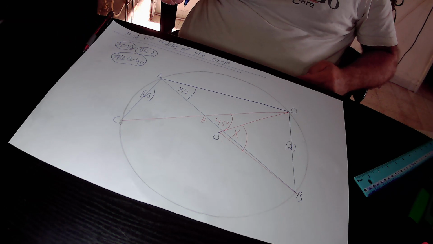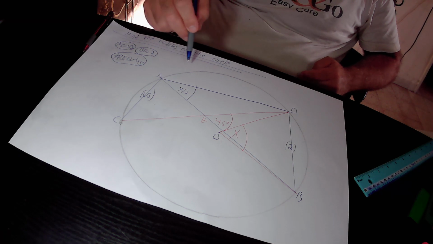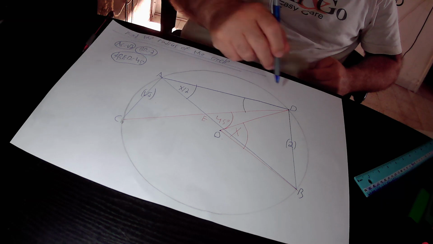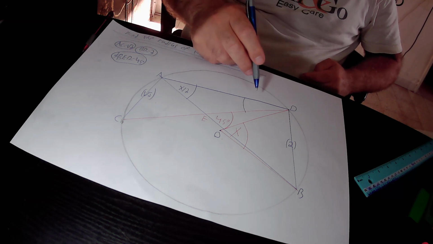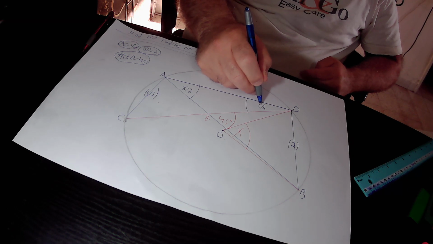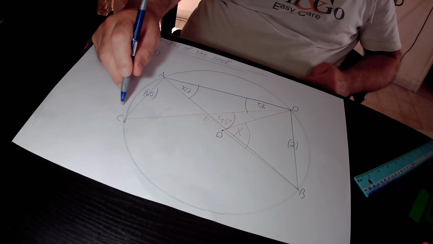Likewise, we will define the size of peripheral angle ADC, this angle, as y over 2. So this peripheral angle ADC subtends on chord AC.